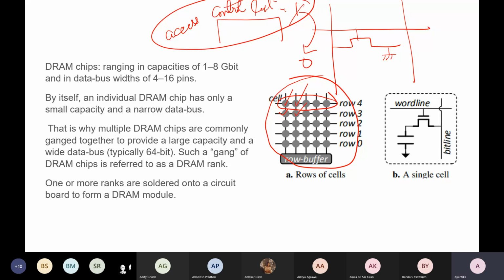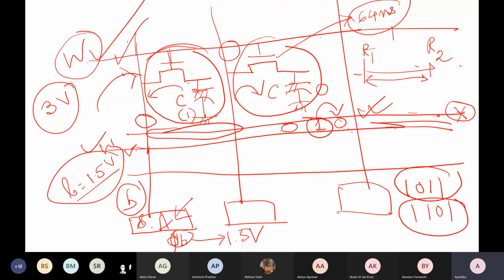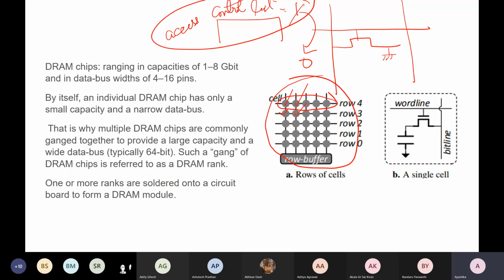Because now we want to return to the capacitor what we have stored, maybe 1, maybe 0, whatever it may be. Whenever we are not reading any row, this word line is not contributing anything, so we are disjoining it.